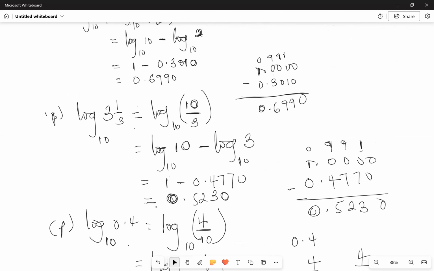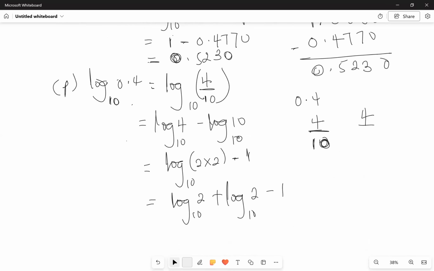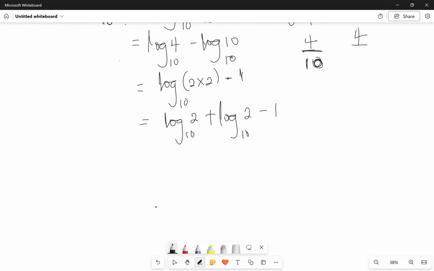Let's go and copy 0.3010. So this one is 0.3010, right? Minus what? 1. So let's solve them. 0.3010, 0.3010.